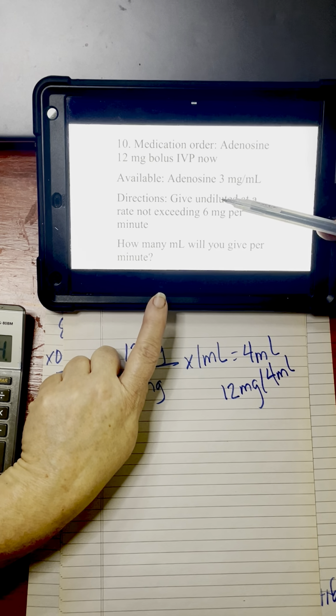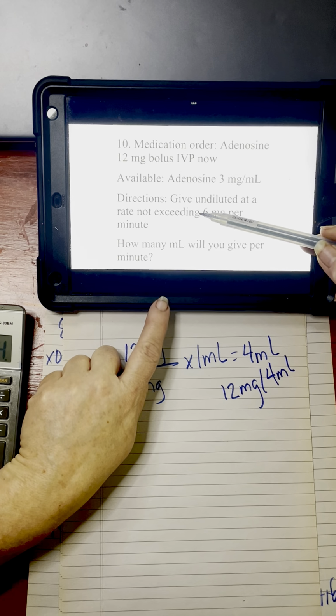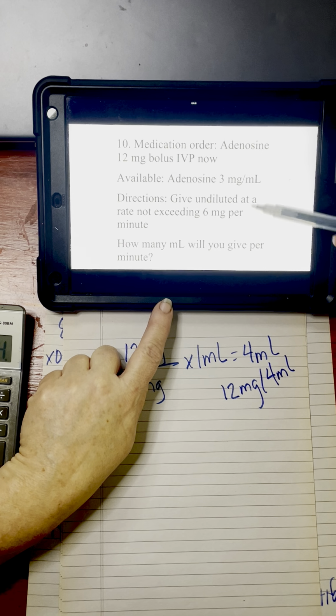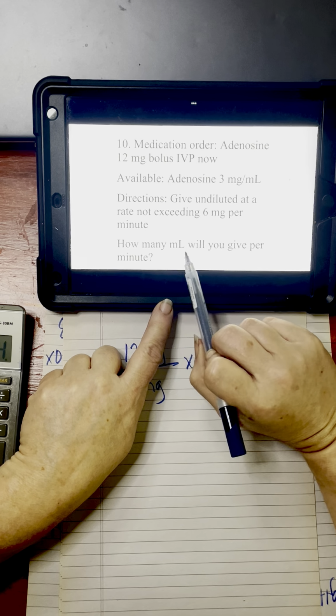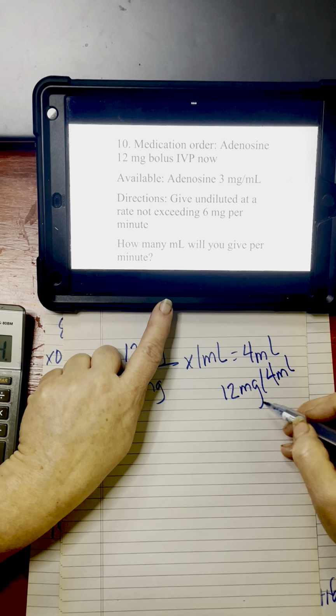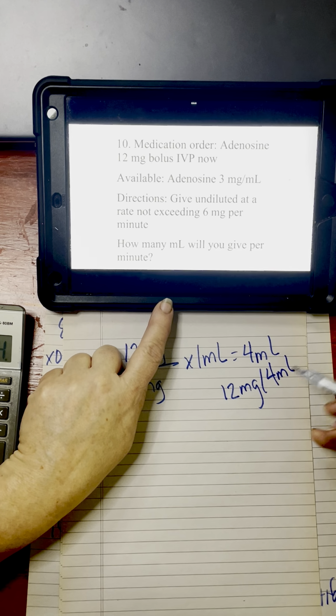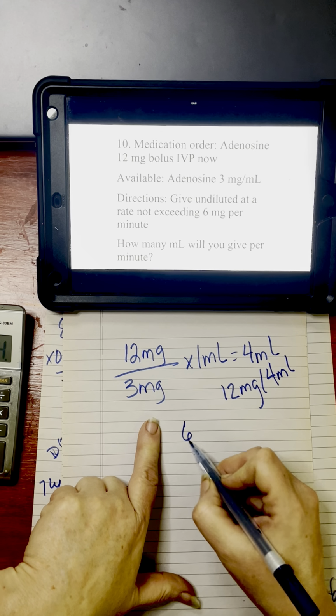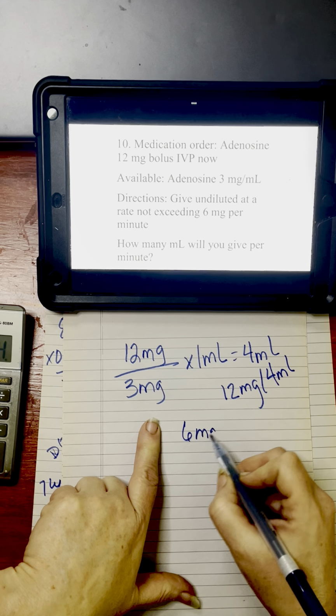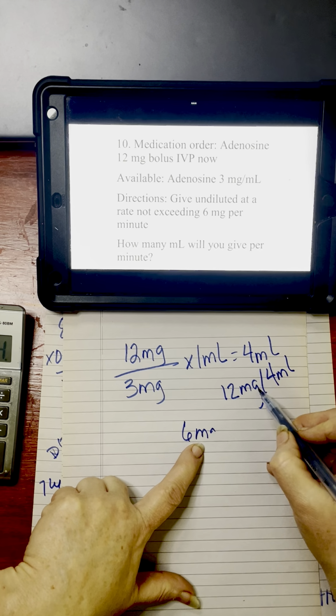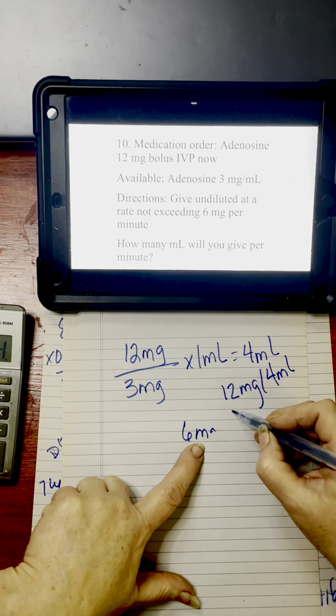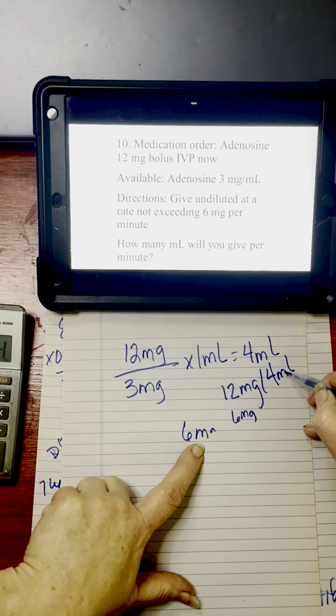And so it says to give it undiluted not to exceed 6 milligrams per minute. And so they want to know how many milliliters you'll give per minute. And if he wants to give 6, well, you know, half of 12 is 6 milligrams.